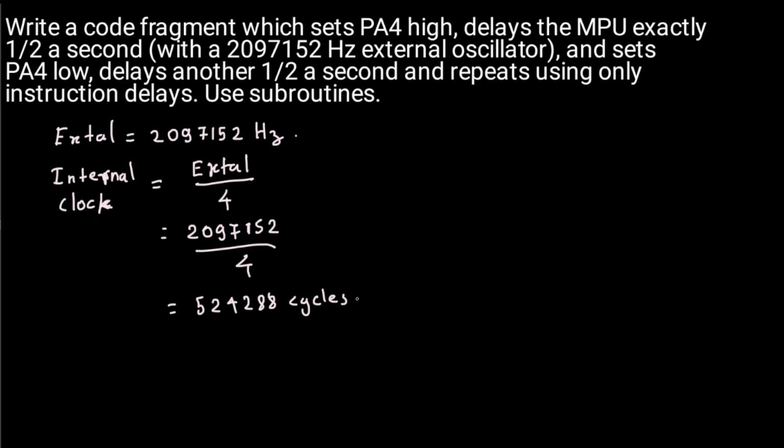cycles per second. But in the question, we are doing it for half a second, so we have to divide this by 2 again, that is 262,144, and this is cycles per half second.